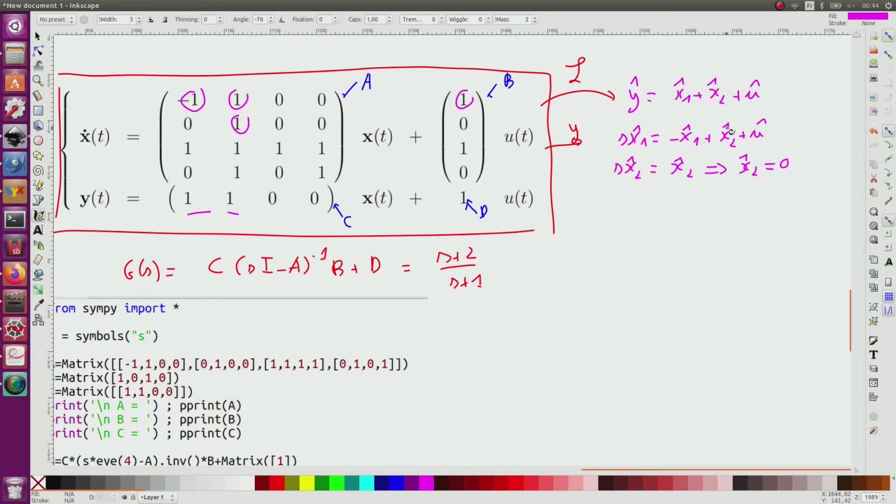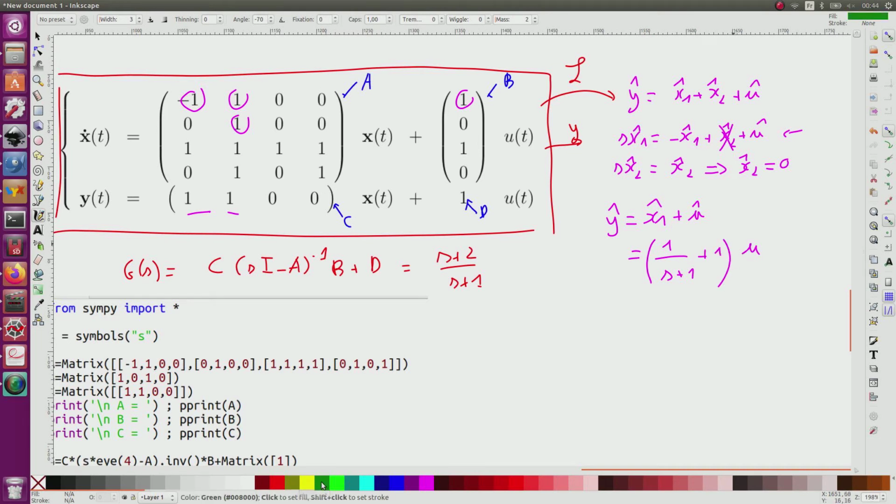Now this simplifies, and I get that y hat, which is equal to x hat 1 plus u hat, will be equal to 1 divided by (s plus 1) plus 1 times u.